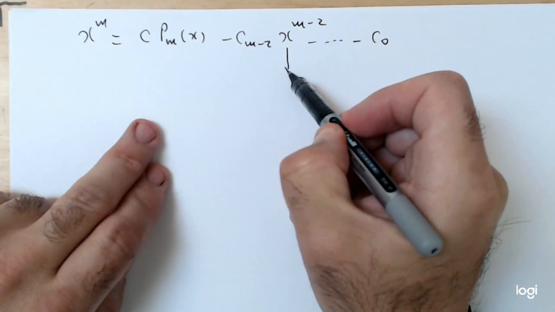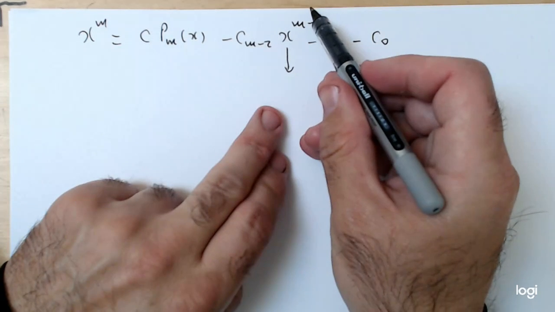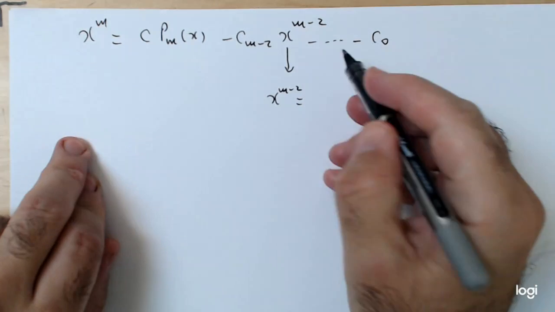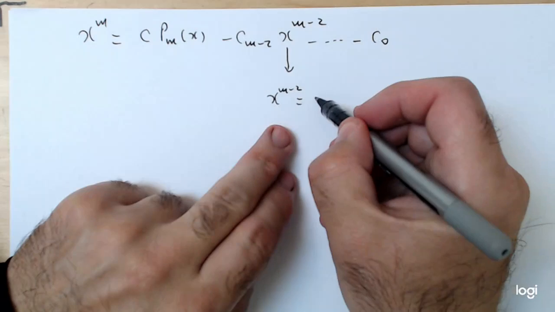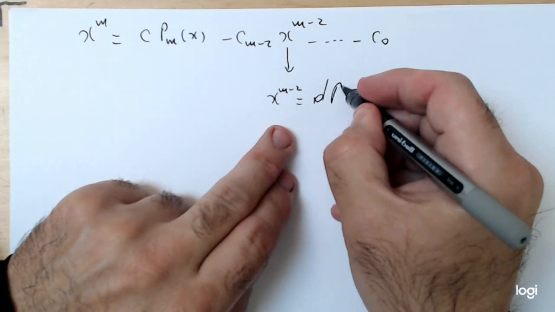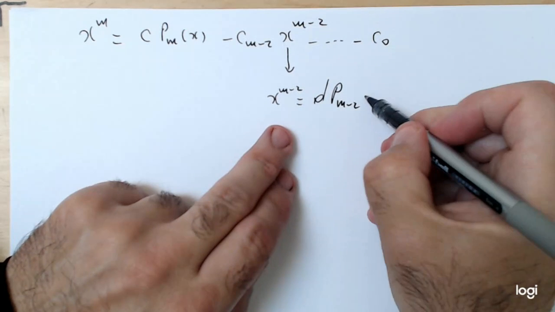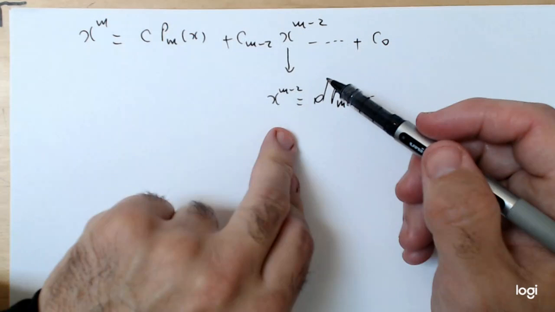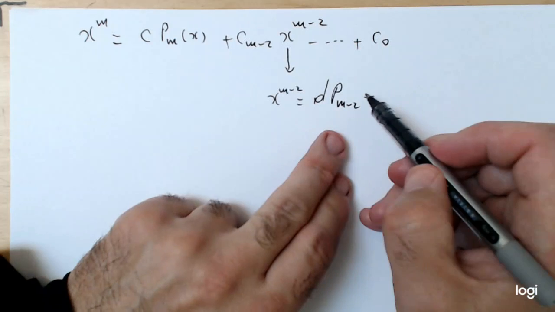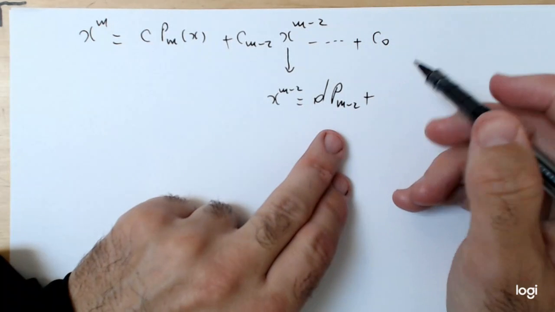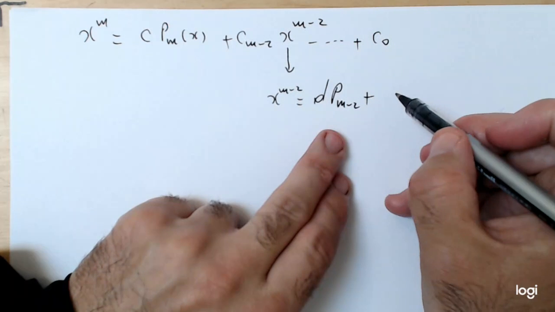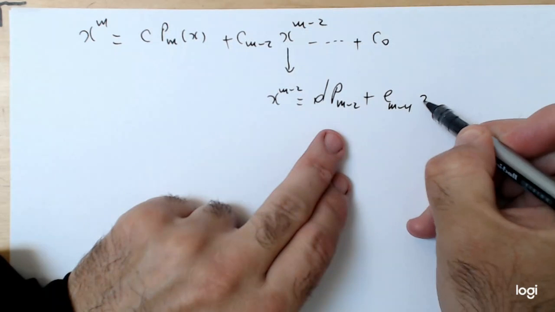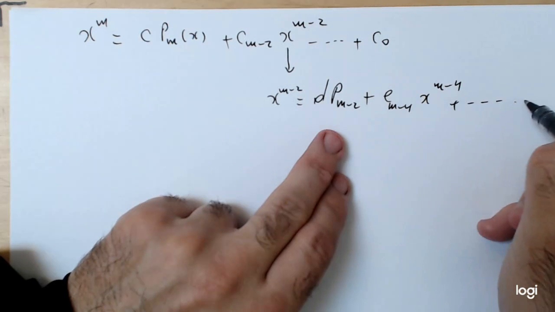But then you can repeat the process, and you can say, okay, x to the m minus 2 is itself equal to some other coefficient, let's call it d, times P_{m-2}, and then, I think this is plus in the way they wrote it in the book, plus some other coefficients, let's say e_{m-4} x to the m minus 4, and so on, right?